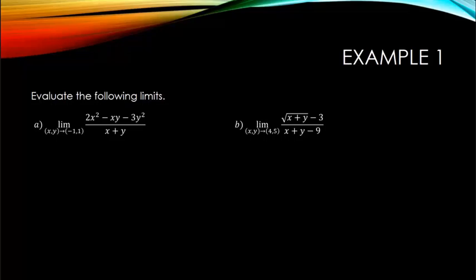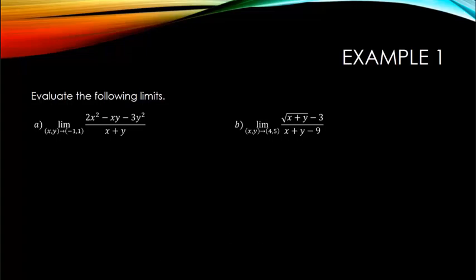The first one is the limit as xy goes to -1, 1 of the rational function given by the quantity 2x squared minus xy minus 3y squared all over the quantity x plus y. The second limit is the limit as xy approaches 4, 5 of the rational function given by the quantity the square root of x plus y minus the value 3, all divided by the quantity x plus y minus 9.